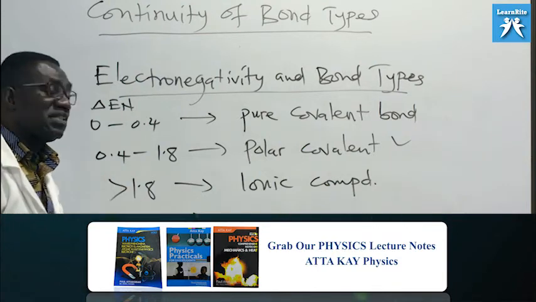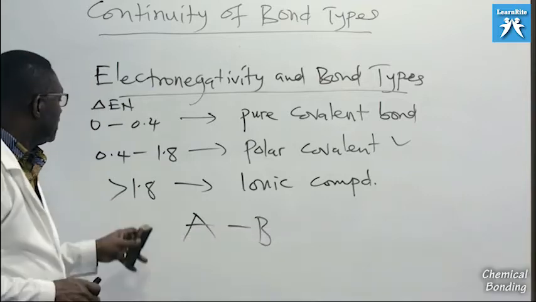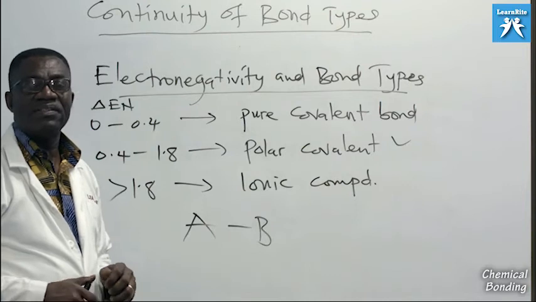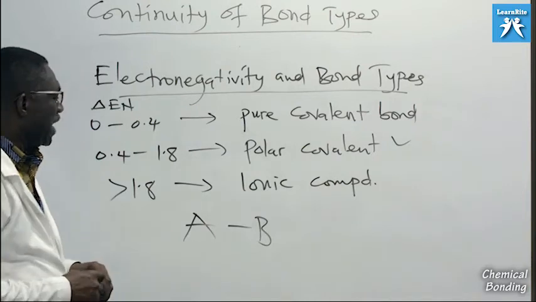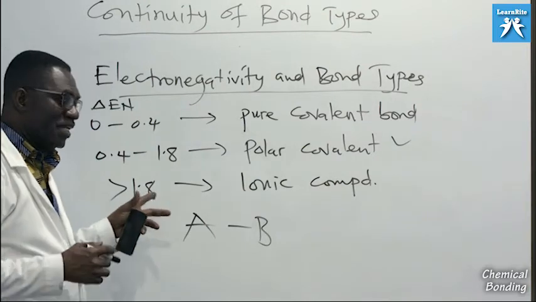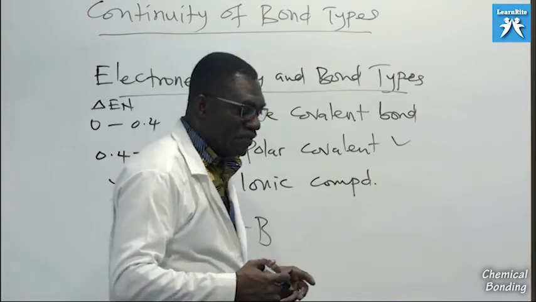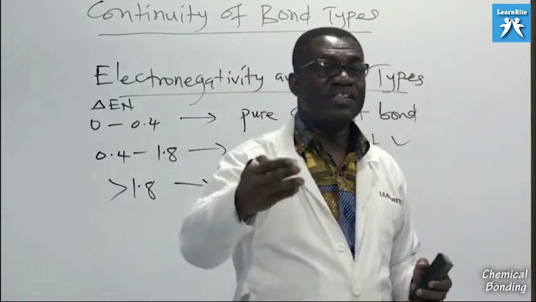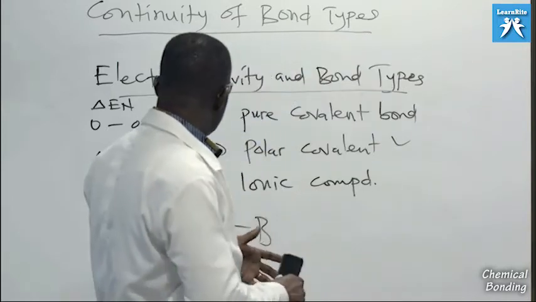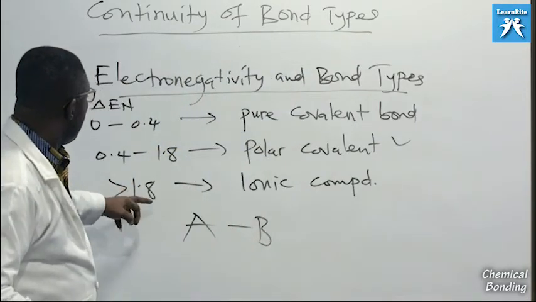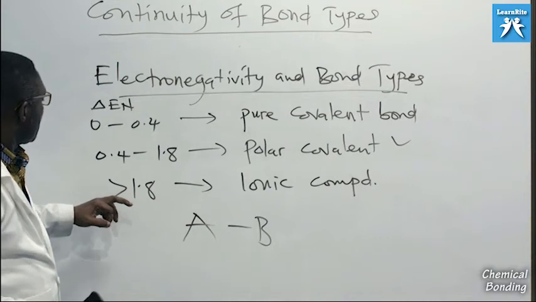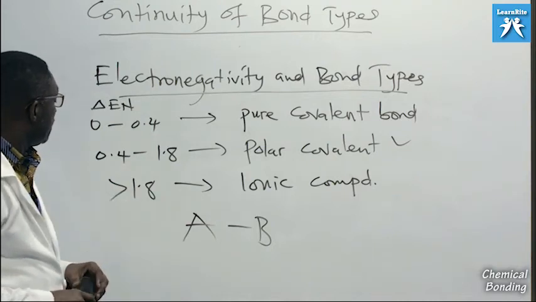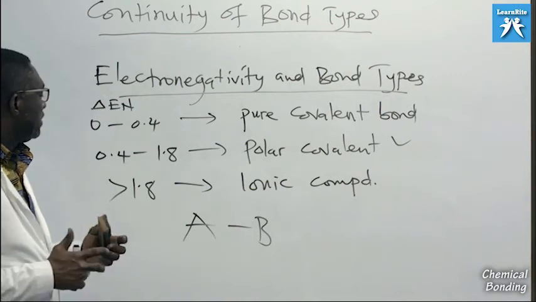And if the difference is above 1.8, that is anything above 1.8 to about say 3 thereabout, they form an ionic compound. Here, the difference is so much that if it tries to form a covalent bond, after donating the electron, it can stay on its own.